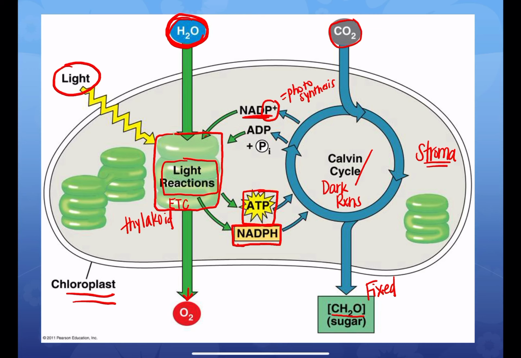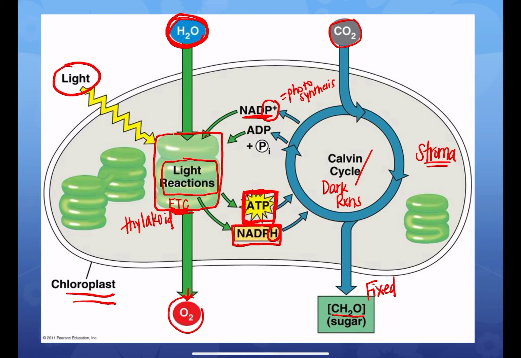And when water is broken down, we've got those hydrogens that are going to be popped onto NADP to make NADPH, and those electrons are going to be used to drive the electron transport chain, okay, just like they did in cellular respiration, to generate ATP using that same enzyme, ATP synthase, okay? And we will talk about the light reactions and walk through that more specifically tomorrow. Today we're discussing the big picture, all right?